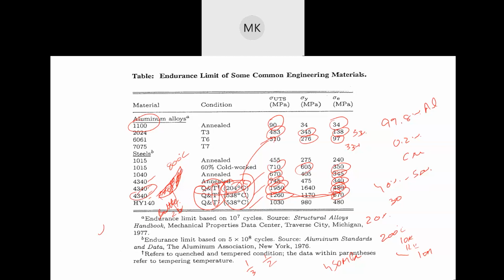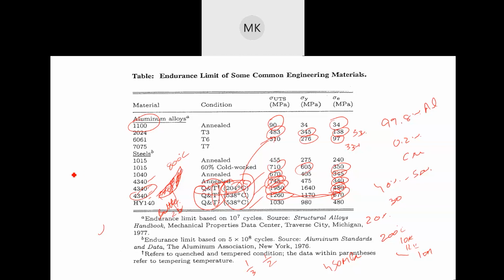Even the quenching helps to increase the strength of the material. And without quenching, you can see the strength is at 745. So this is a very good way of understanding how important heat treat is to a material.